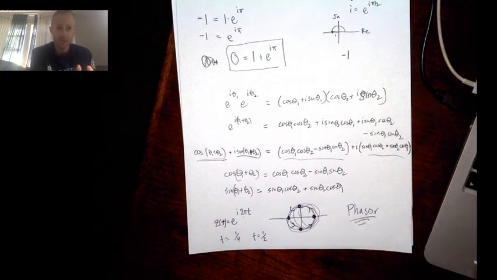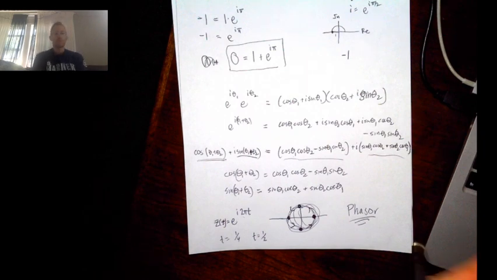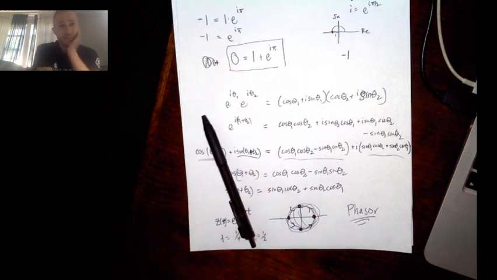It turns out that a lot of the equations that we learn about things, simple harmonic motion, for example, can be greatly simplified if we expand it to complex numbers.